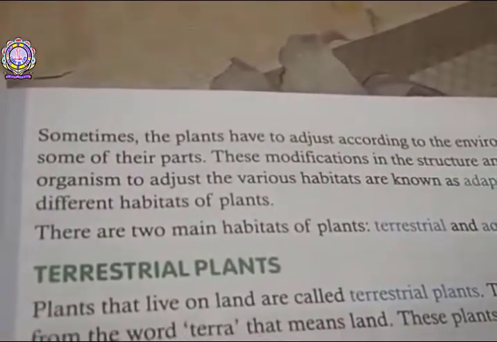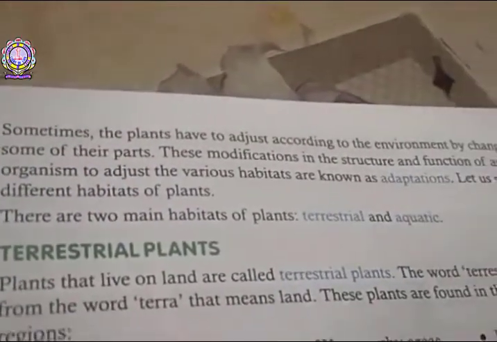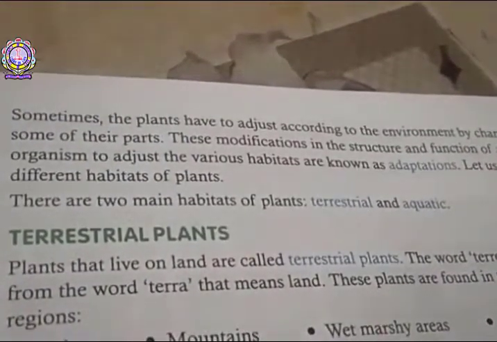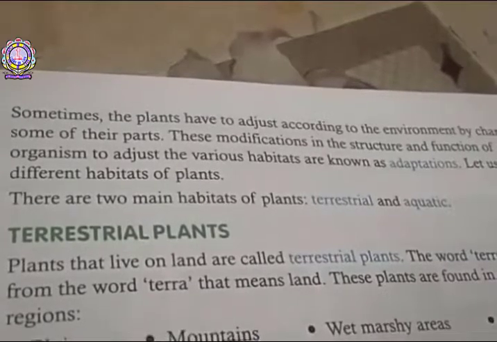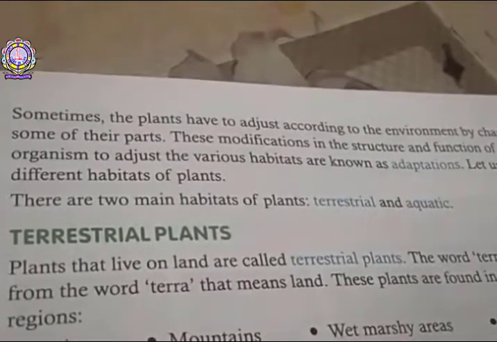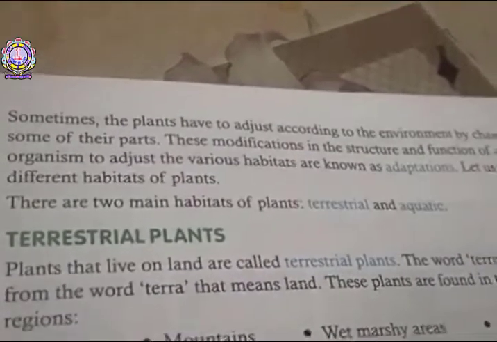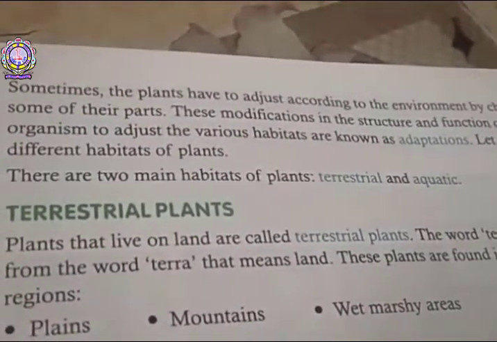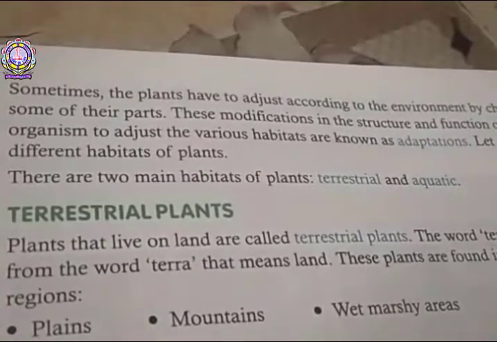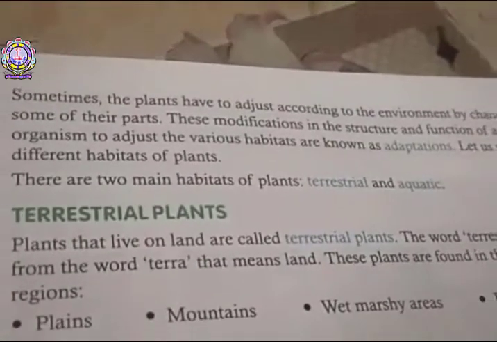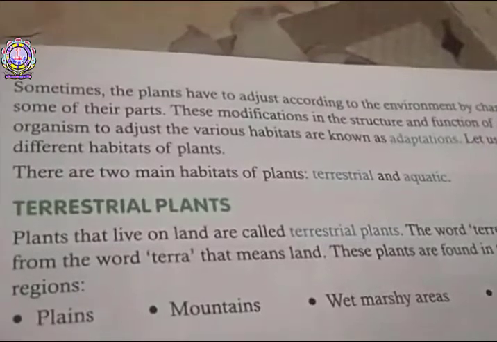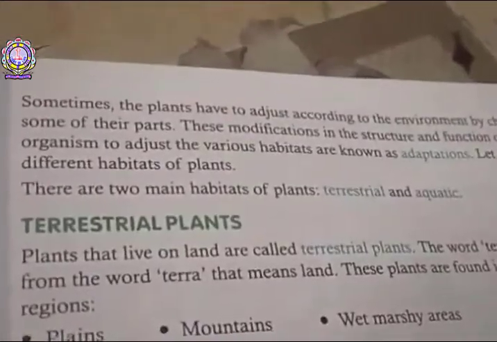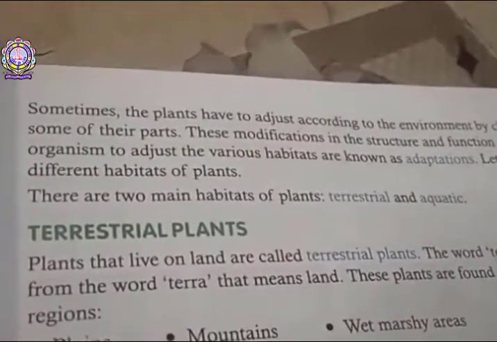Sometimes the plants have to adjust according to the environment by changing some of their parts. These modifications in the structure and function of an organism to adjust to various habitats are known as adaptation. I have explained what is adaptation. It means some plants grow on hills, some plants grow in the hot desert.